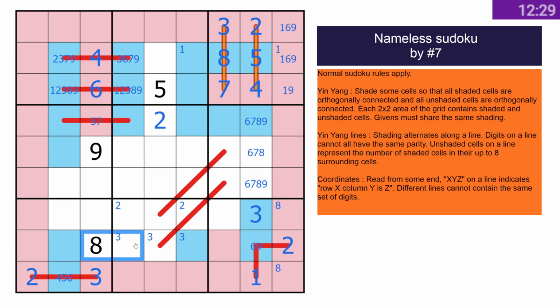But this is now 3, so this is 1 pink, 1 blue. So if that cell's pink, it implies that's pink. And that's pink. Be blue. At least one of these are pink. Yeah, it would imply that that's pink. That's pink and that's pink.